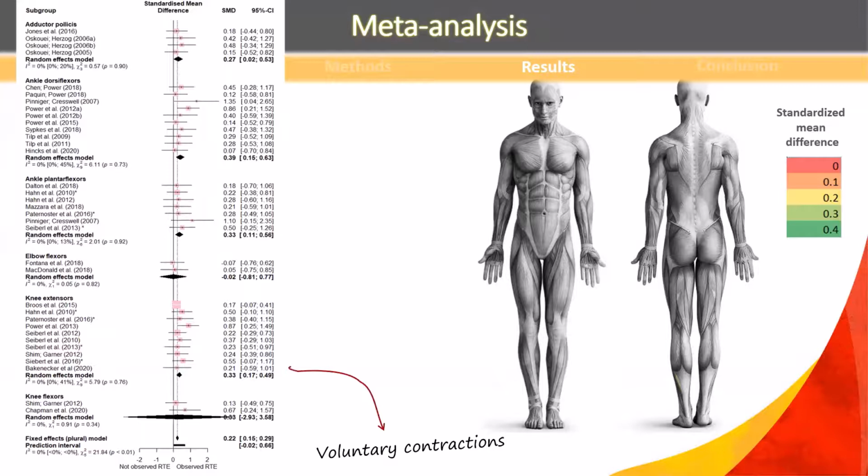A significant residual torque enhancement was observed for knee extensors, adductor pollicis, ankle dorsiflexors, ankle plantar flexors. No significant overall effect was observed for elbow flexors and knee flexors. Additionally, no studies were found on the proximal muscles around the shoulder and the hip.